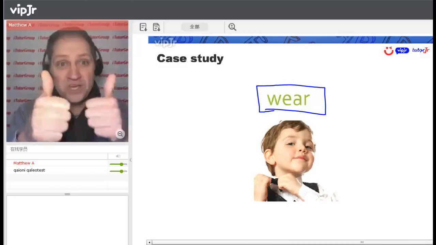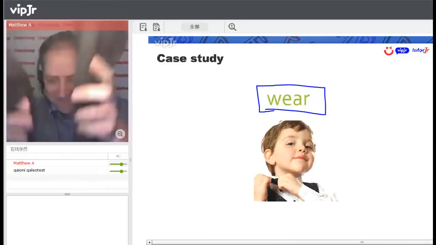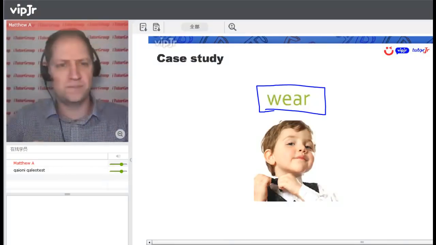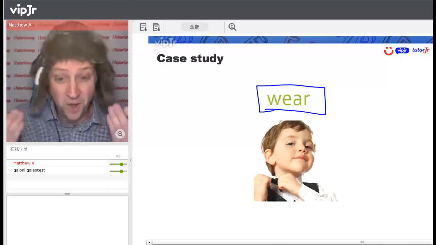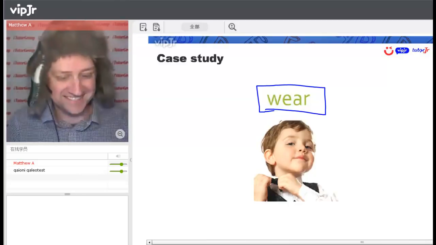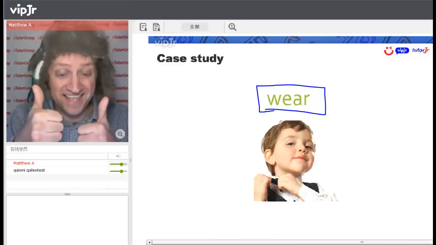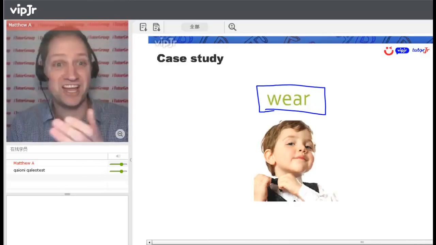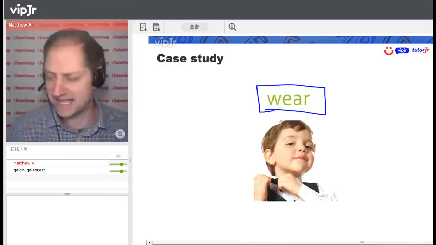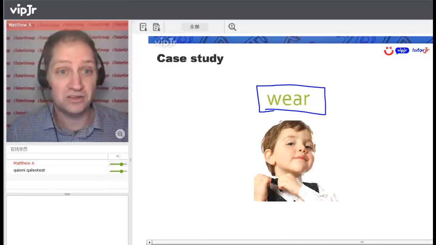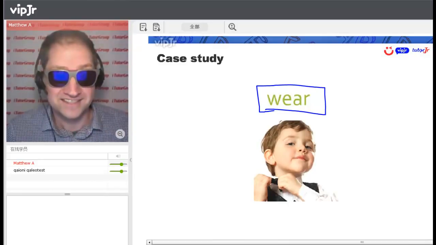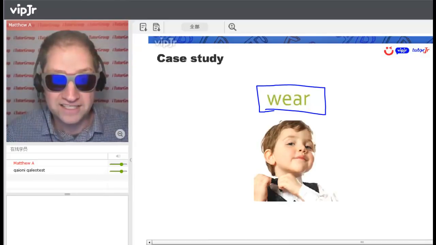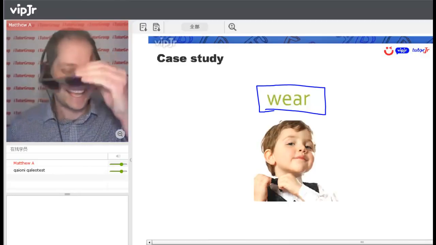Perfect. Lovely. Let's try another one. Wear hat. Yeah, really nice. Very good. Well done, Claire. So we've been talking about wear. Wear sunglasses. Good. Excellent. Very good.